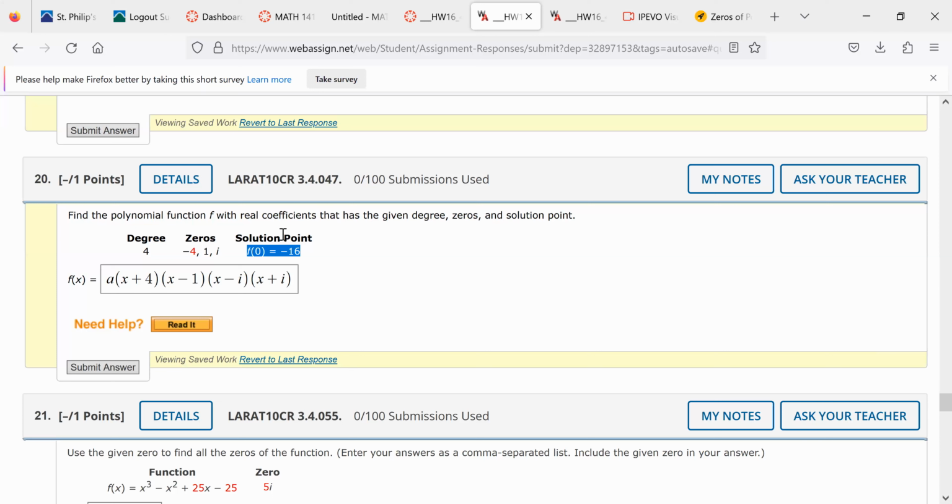Number 20. Find the polynomial with real coefficients that has the given degree, zeros, and solution point.